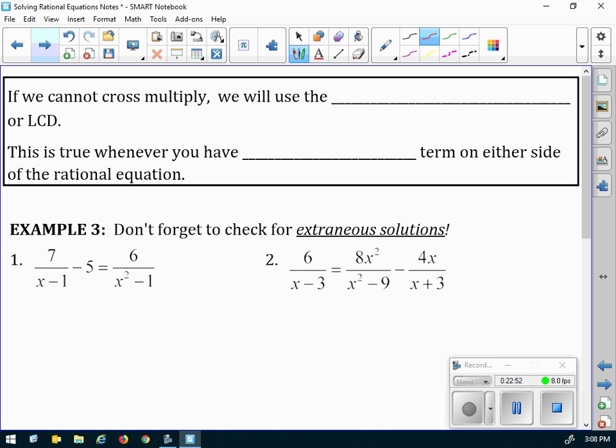When you get a degree in mathematics and a PhD in mathematics and have it peer reviewed, and then we have a theorem, then we have a method called the Collins method. Too much college. I know that one. I hear you. If we cannot cross multiply, we will use the least common denominator.